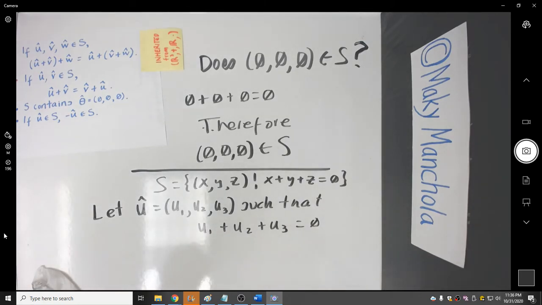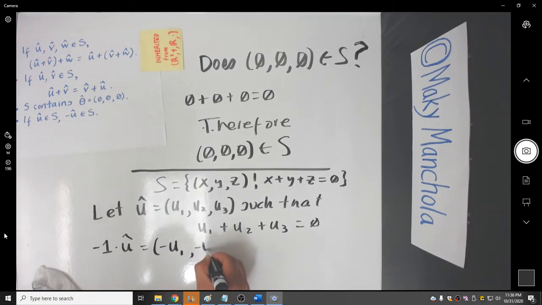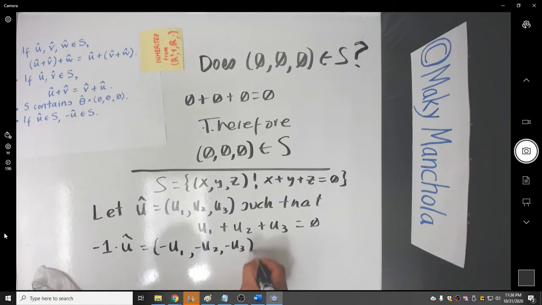Now, what's negative U? We know that negative U is simply the scalar product negative 1 times U. But that's just negative U1, negative U2, negative U3. Now, the question we're asking is, is this entry also in S? In other words, if I add these three entries, do I get 0? Let's find out. Let's take negative U1 plus negative U2 plus negative U3.